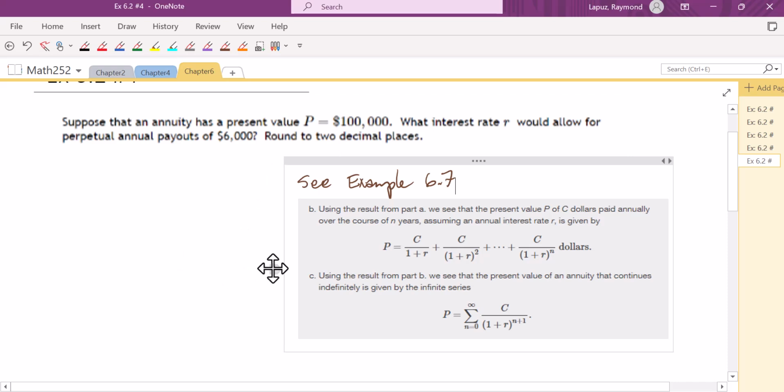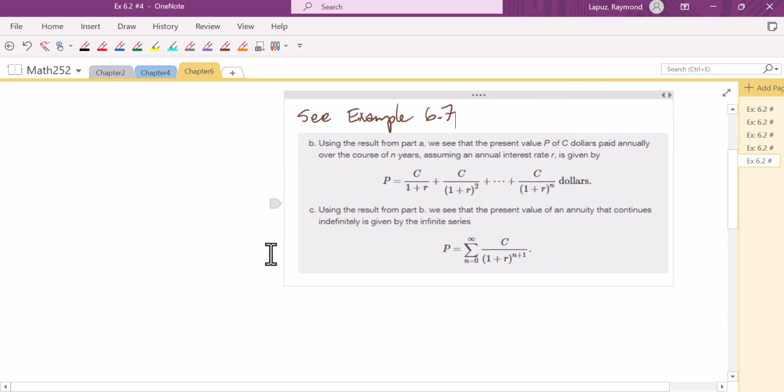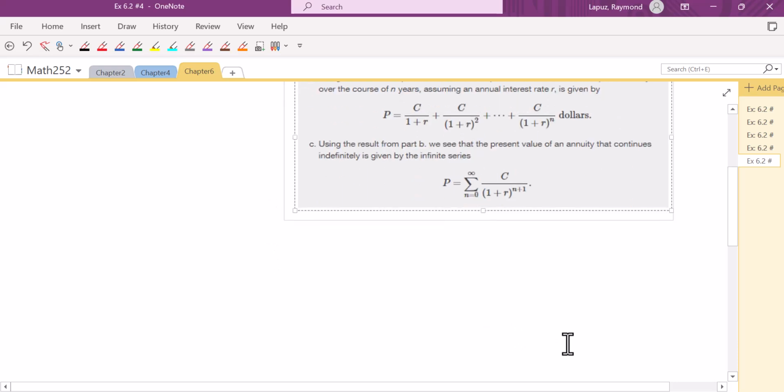So what we want to do is, they kind of do this in the example as well. They take this information here, this series, and find the sum. Now this is similar to the geometric series that says the sum from n equals 0 to infinity of a times x to the n is going to equal a divided by 1 minus x.